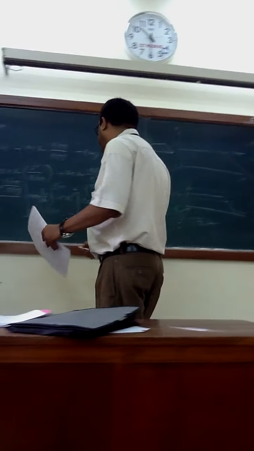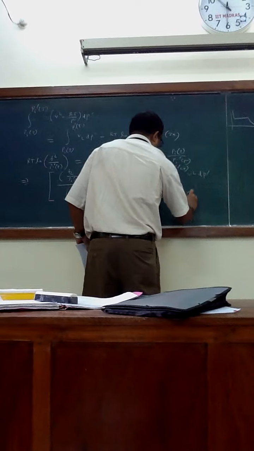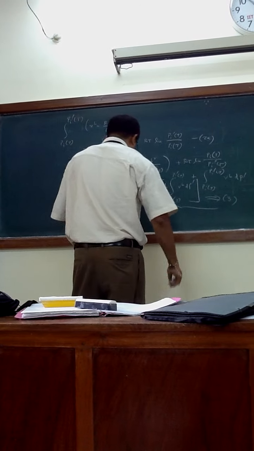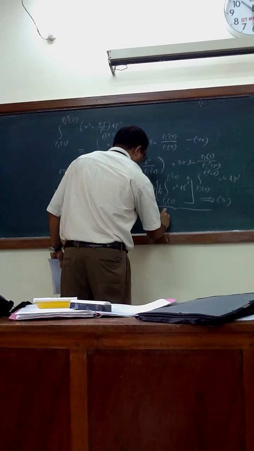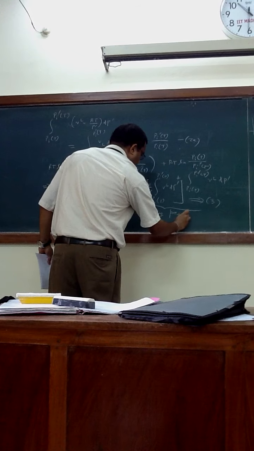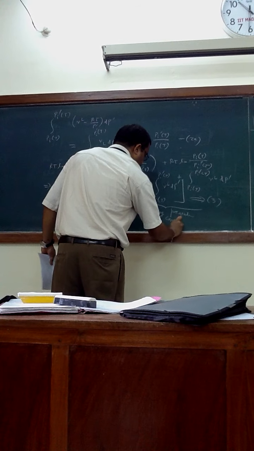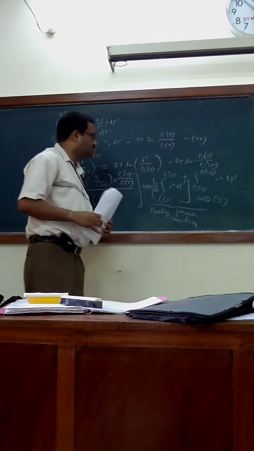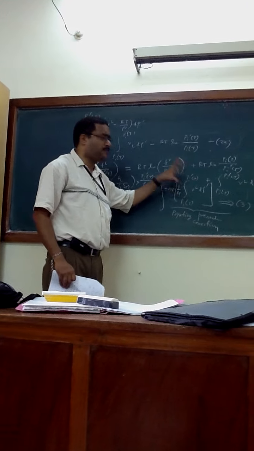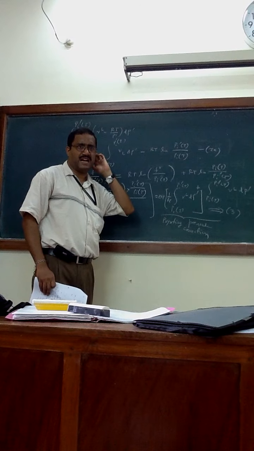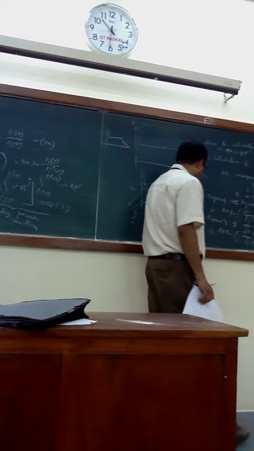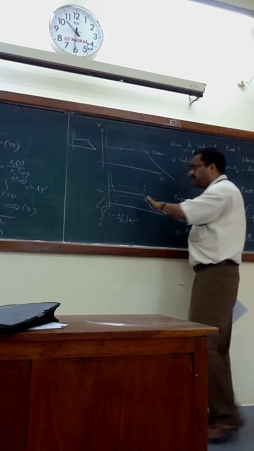Equation number 3. This is called the Poynting pressure correction. What it says is that if Pi and Pi prime are very close, that means P sat, Pi goes to Pi prime, they are actually at the same place.